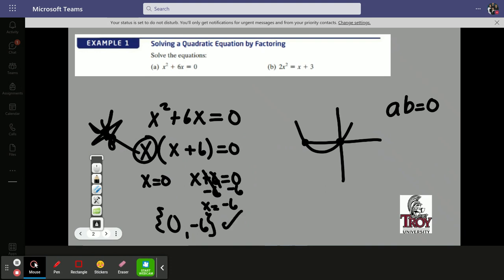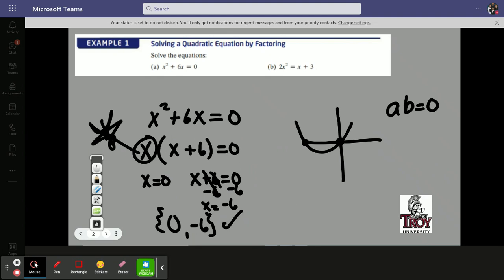That's what that's given me. So we're going to go down to negative 6 and cross over. Negative 6 and 0. Now the rest of this graph isn't accurate. The only thing I want you to understand is that these two numbers are where I'm crossing the x-axis.